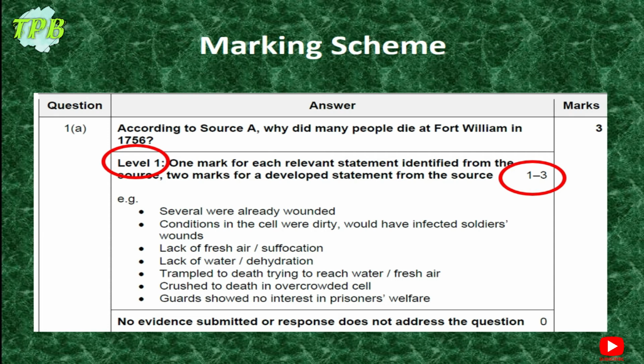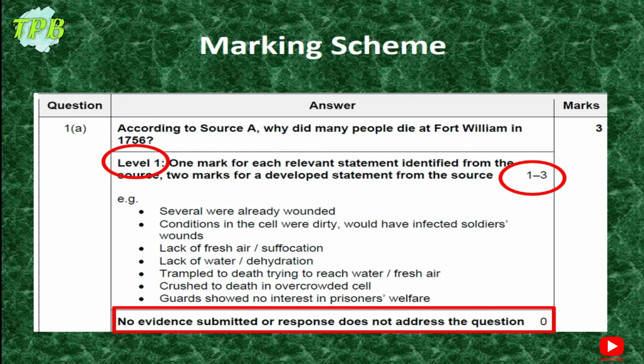You can also see several examples provided below this level descriptor. But before that, there is a 0 score criteria as well, which means that if you have not picked up relevant evidence or you are not addressing the question appropriately, it will be a 0 score answer.